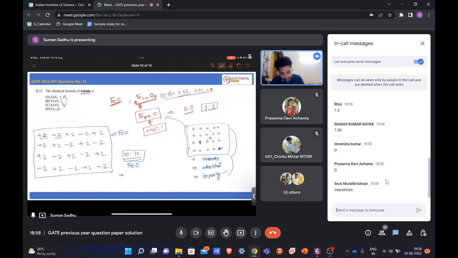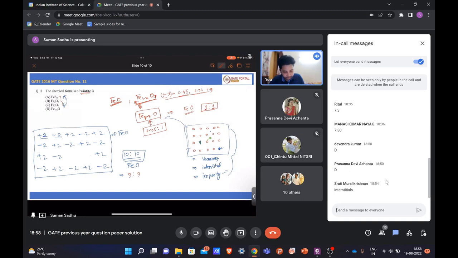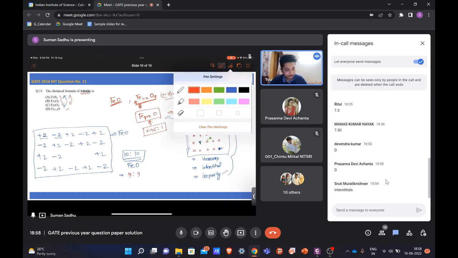If you remove one iron atom and one oxygen atom, you can see that the charge is balanced because you have removed one plus 2 and one minus 2. So the charge is neutral, and since you have removed both atoms, the stoichiometry is also maintained. Now it becomes 9 to 9, right? These things happen for the others, but for this, a non-stoichiometric defect is found.